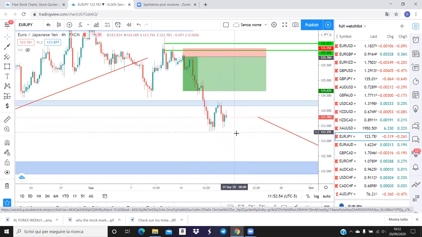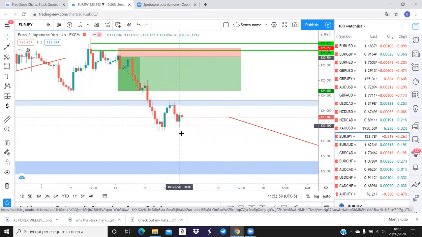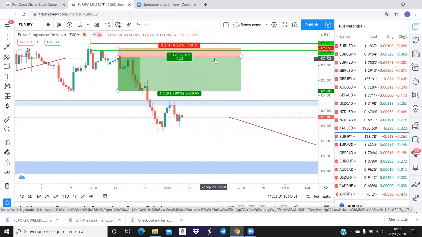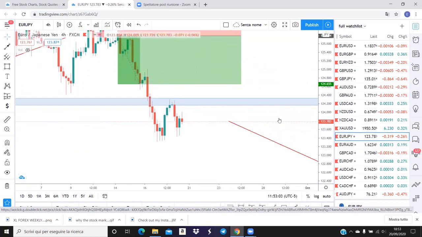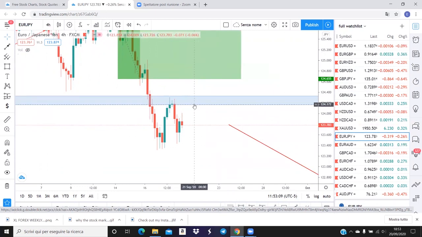Right now, what I'm looking for is to see what happens from this level. If we make a double bottom, then we could be headed to the upside, or if this retest holds, then we could start considering some sells. Of course, I will check what happens if we get a nice double top in this case. That's what I'm waiting for.